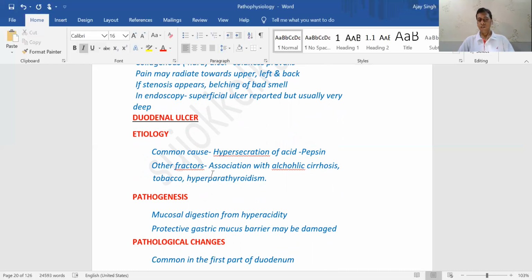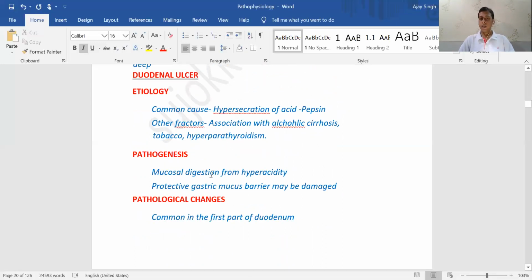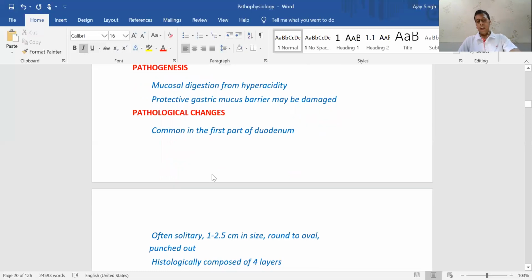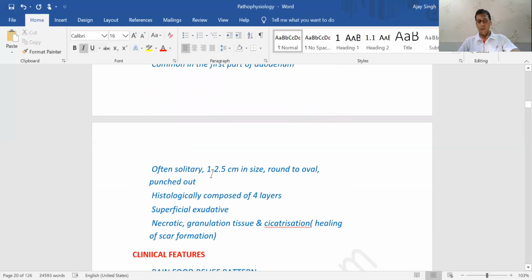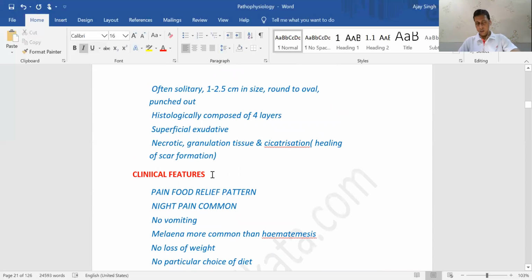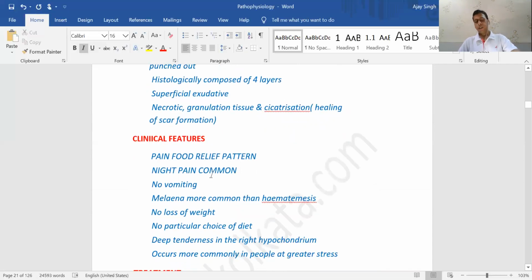Sometimes it is associated with alcoholic cirrhosis, tobacco and hyperparathyroidism. The main factor is acidity, and stress also, because in stress the acidity can increase and disturb the mucosal membrane. It is common in the first part of the duodenum, and size can vary.